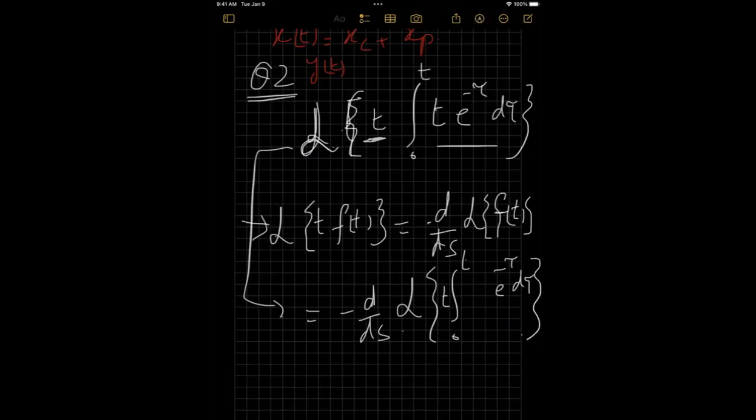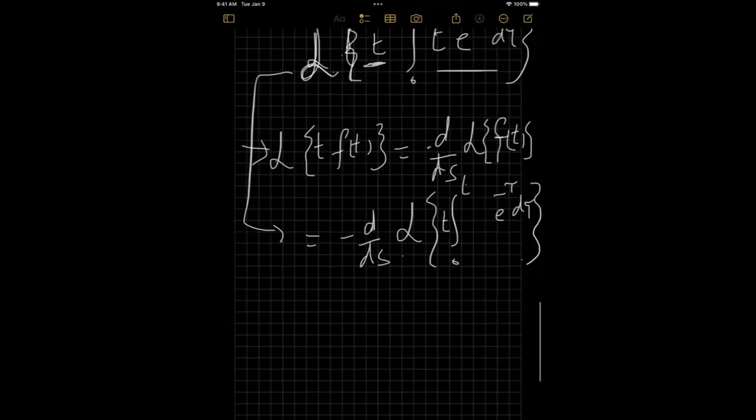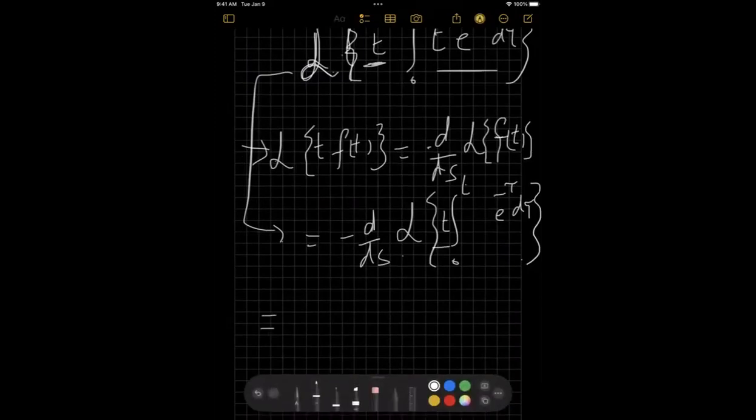Yep, that's fine. So now with this t, we have minus d2 over ds squared, Laplace of integral 0 to t, e raised to power minus tau d tau. Fine.